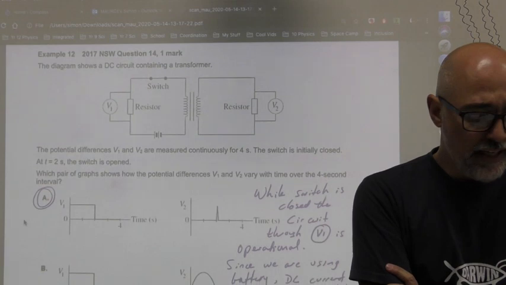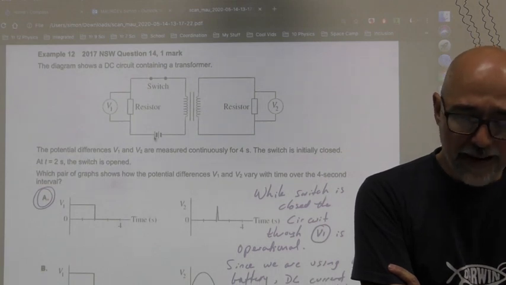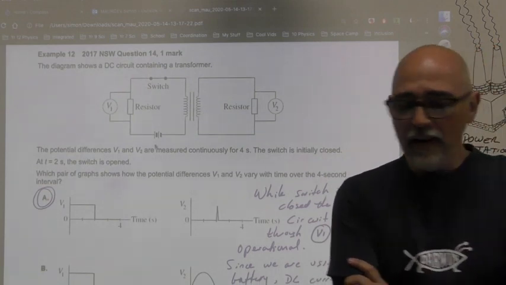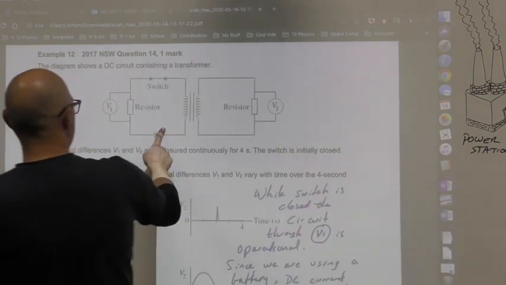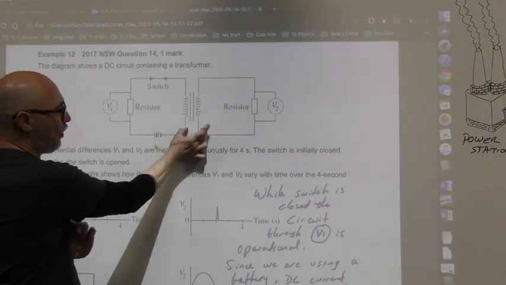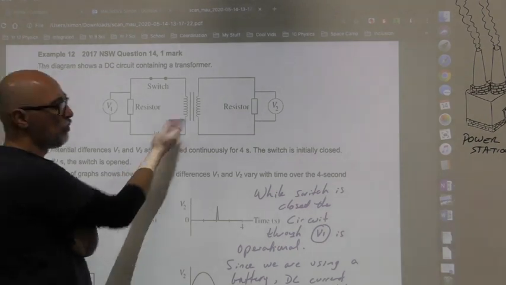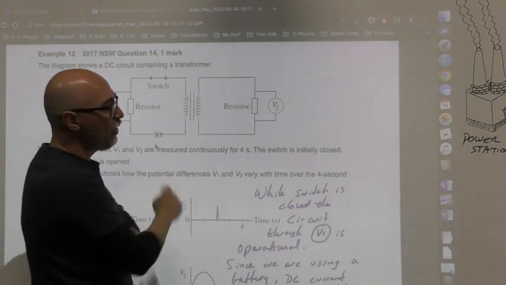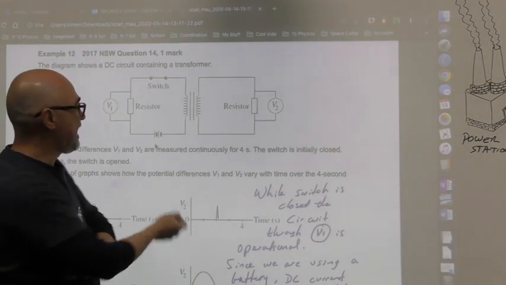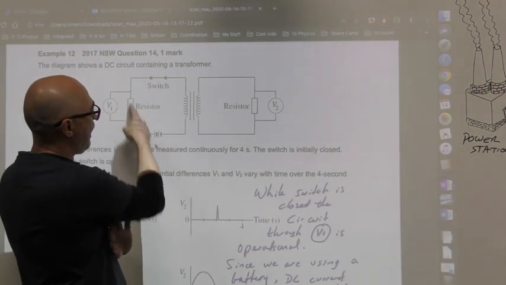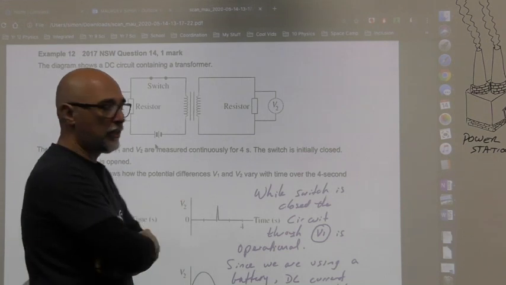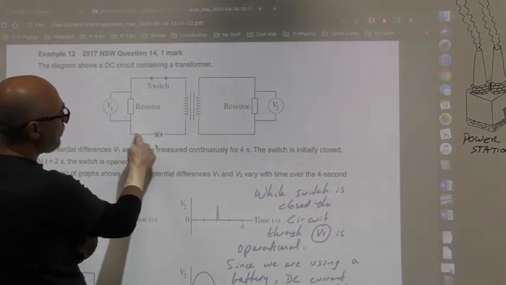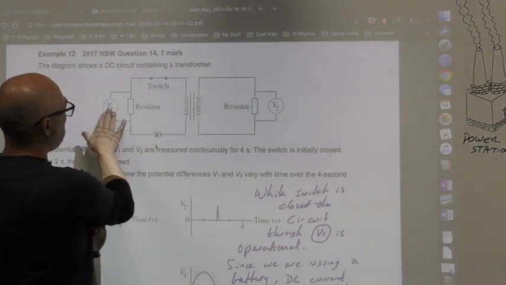In this question here, notice the battery. If there's a battery in this circuit, there's a transformer. This is the symbol, one of the many symbols of transformers. There's the primary coil. Why is it the primary? Because it takes the electricity, it takes the charge in the first place. Switch it on.